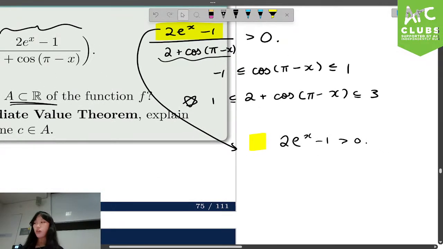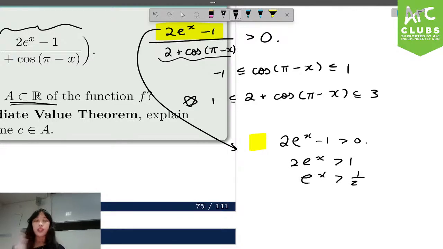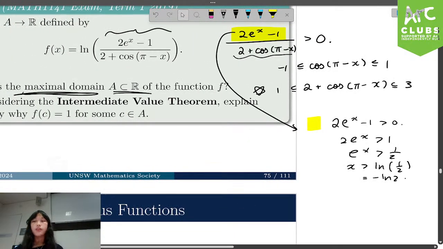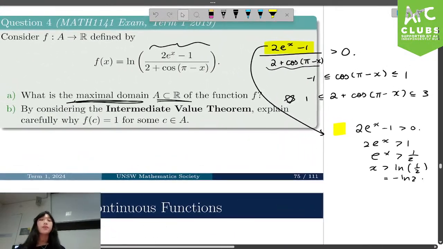We do some nice algebraic manipulation: 1 on 2, take the log of both sides. We get x is greater than ln of a half, which is minus ln2. So that's essentially our maximal domain. There's nothing else in this function which could go wrong.